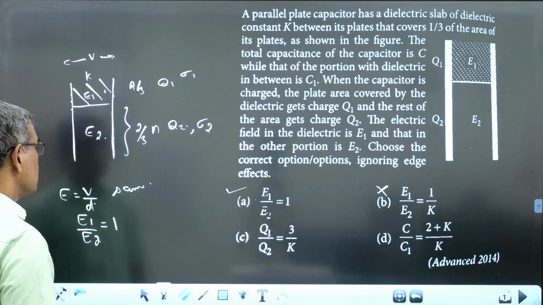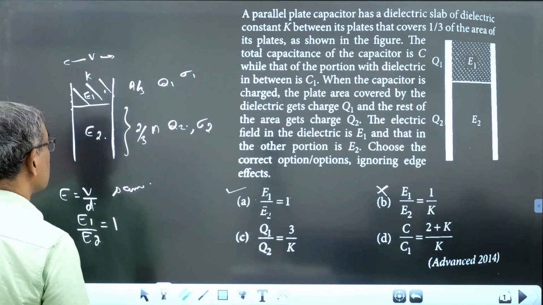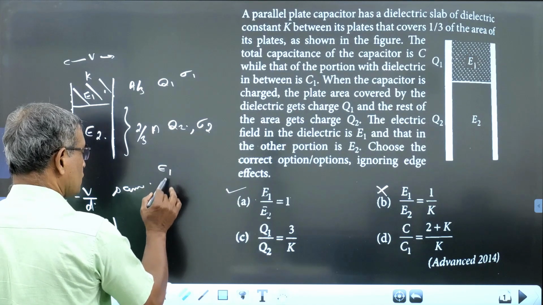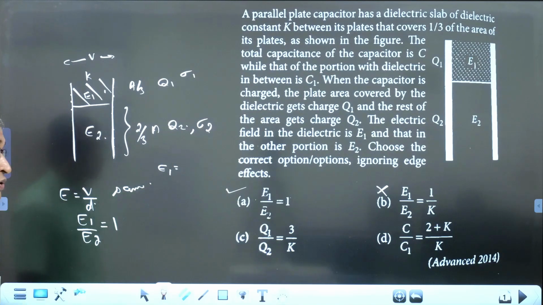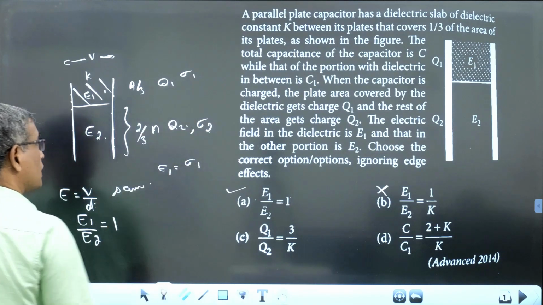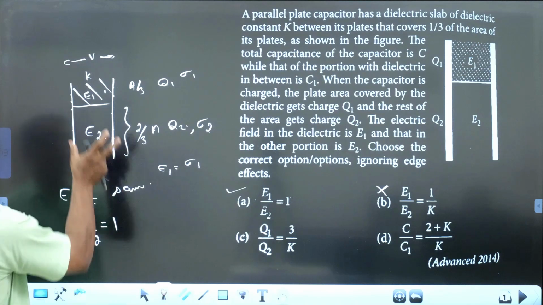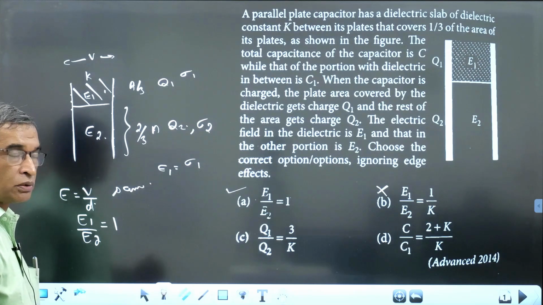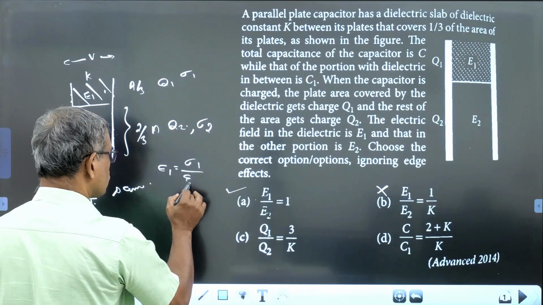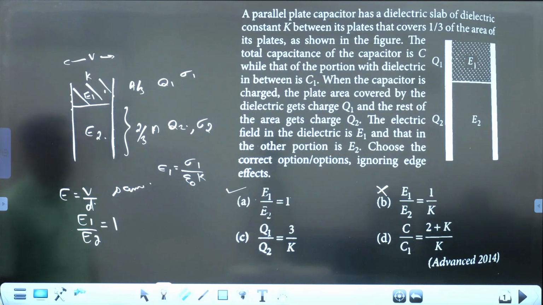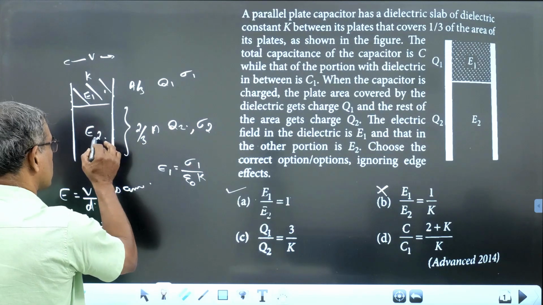Next one. Since the electric field is the same, we have to write down the expression for E1. Since it is a dielectric, the electric field intensity E1 is equal to sigma 1 by epsilon 0 epsilon r, where sigma 1 is the charge density of the plate there and epsilon r is equal to K. And what is the electric field intensity here?